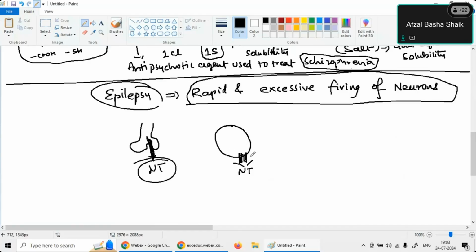So in order to release this neurotransmitter, the nerve cell also has, what is this channel? It has a potassium channel, a sodium channel, and we also have what? Calcium channel.